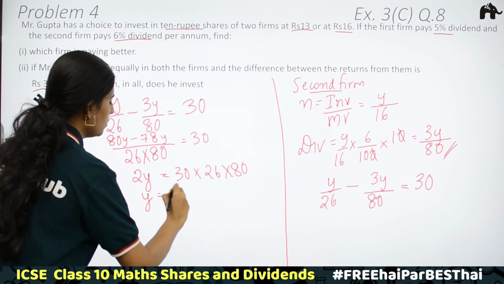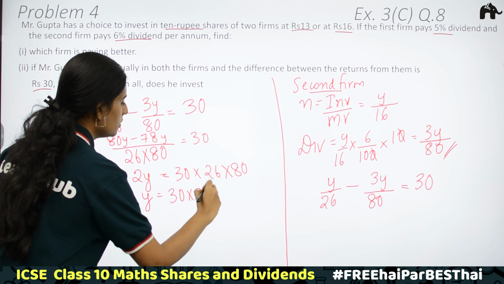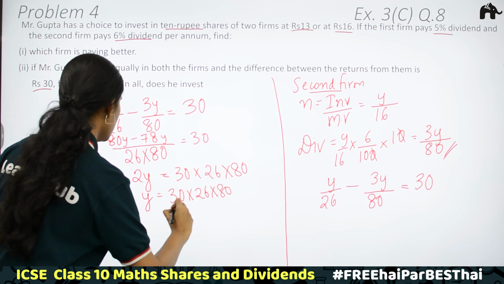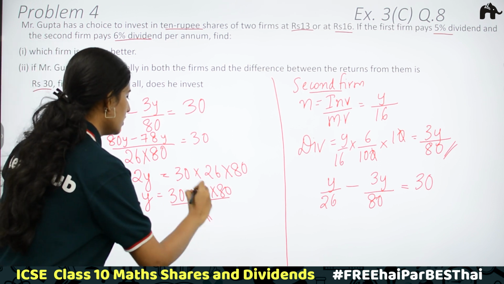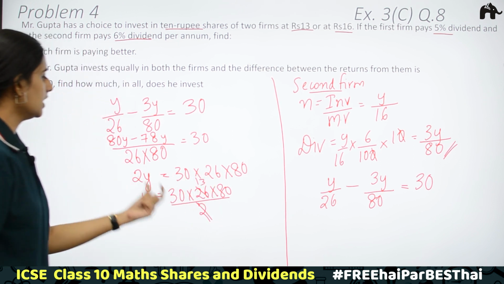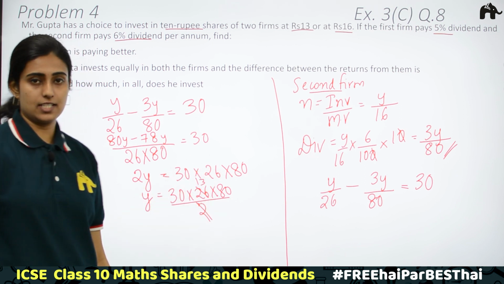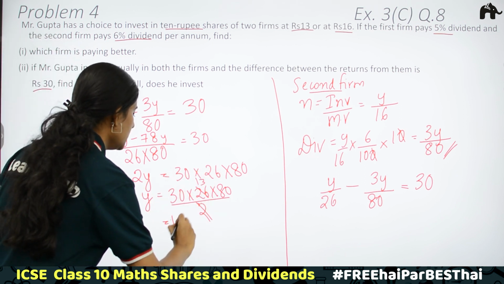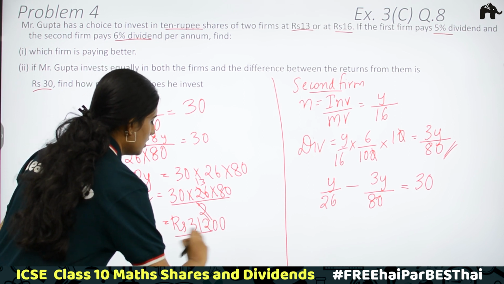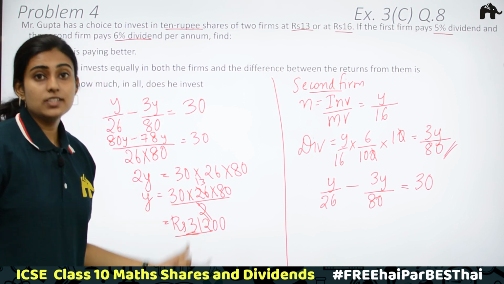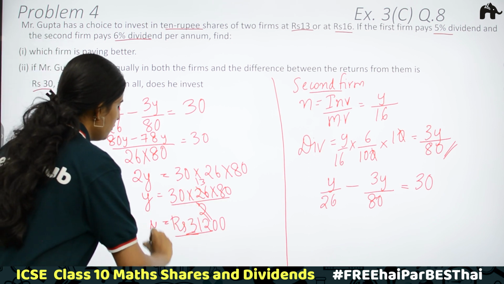Y is equal to 30 into 26 into 80 divided by 2. You get 13. 30 into 13 into 80. Your final answer will be rupees 31,200. So, this is the amount that he invests in one firm.